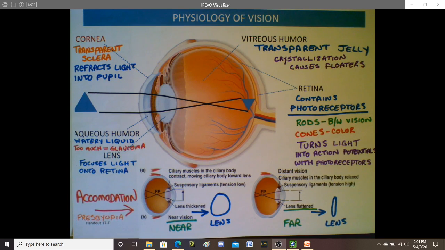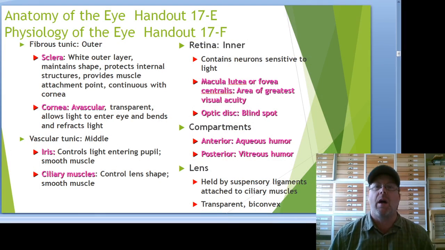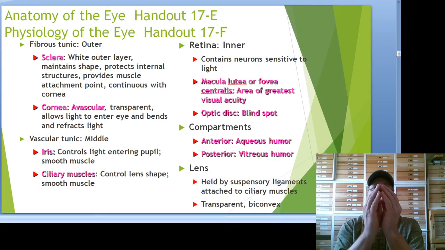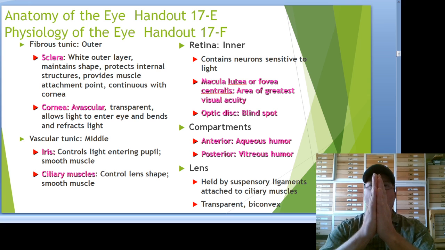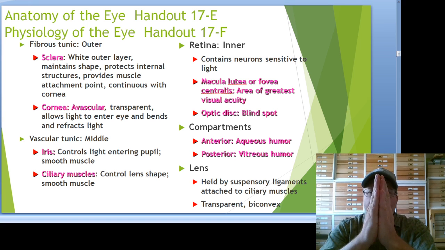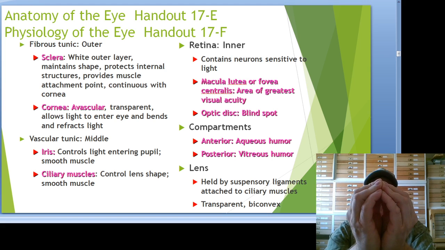Now, to give you an idea about what accommodation is, imagine that my hand here is the lens. All right. So this is the lens. And when the suspensory ligaments pull on the lens, we change the shape of the lens. So when those suspensory ligaments and the ciliary body muscles are relaxed, the lens is a very round shape like this.